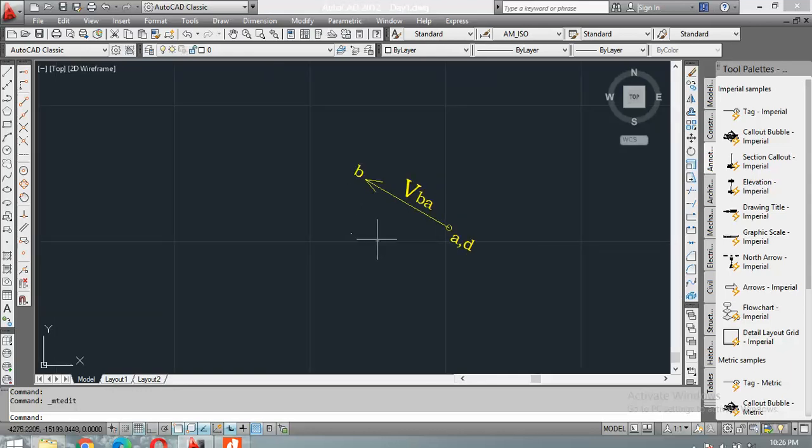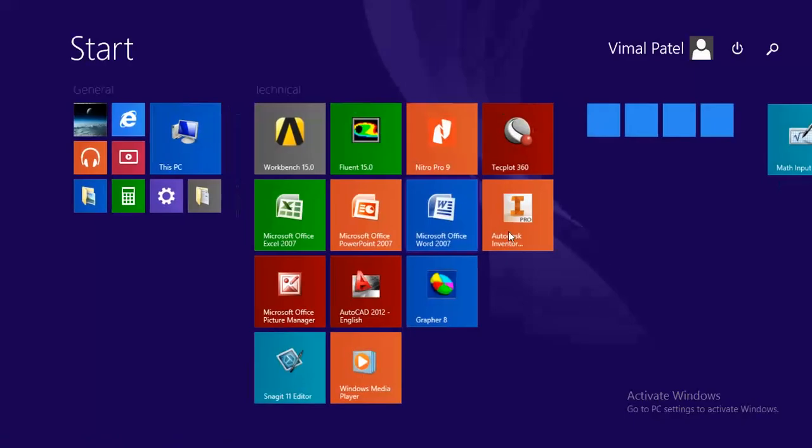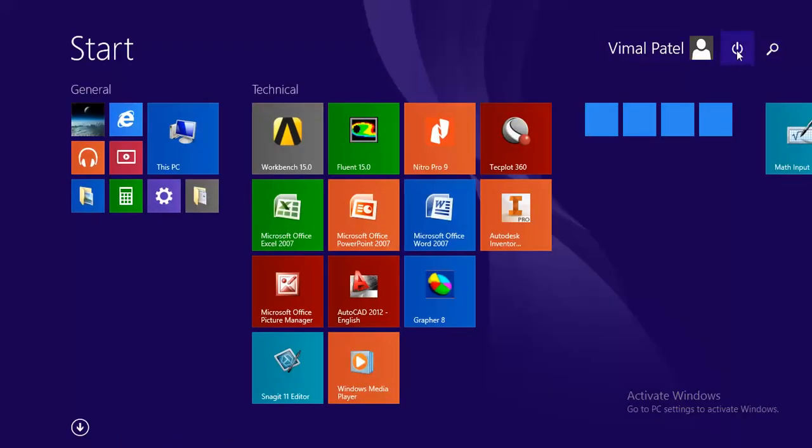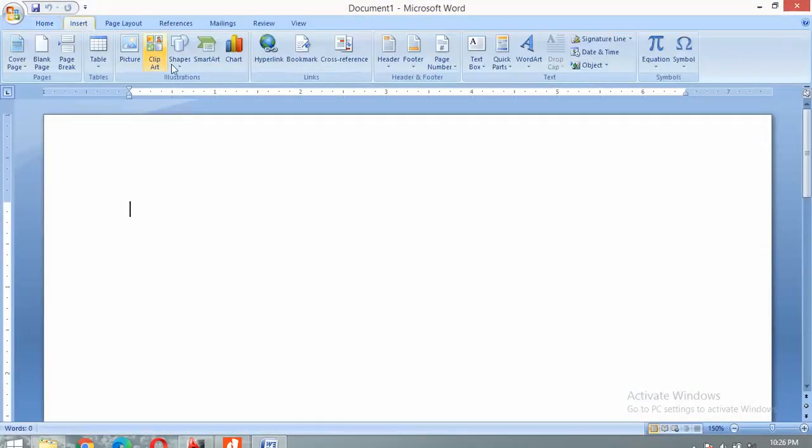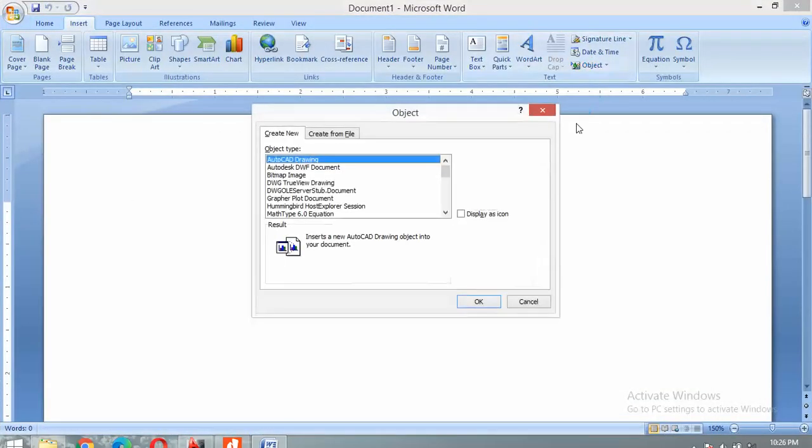See, the length indicates the magnitude. So let us first find out the magnitude of this vector. How will you calculate the magnitude? We know that magnitude we can calculate using this equation. Which equation?